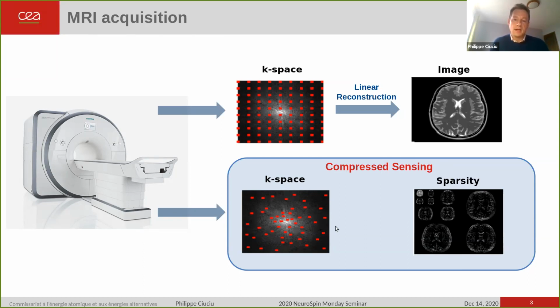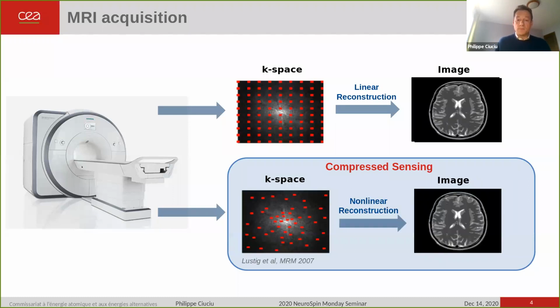The second pillar is the way we subsample the k-space. In contrast to parallel imaging, which performs a regular and uniform undersampling, compressed sensing relies on the idea of incoherence, which basically amounts to introducing pseudo-random undersampling in an appropriate way.